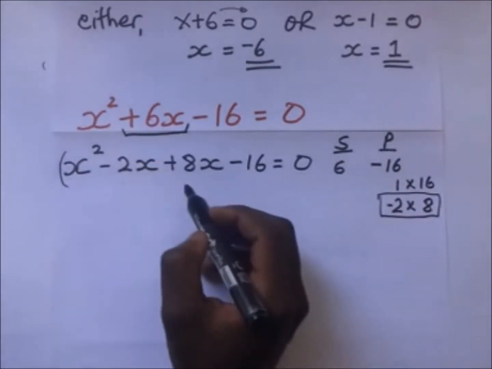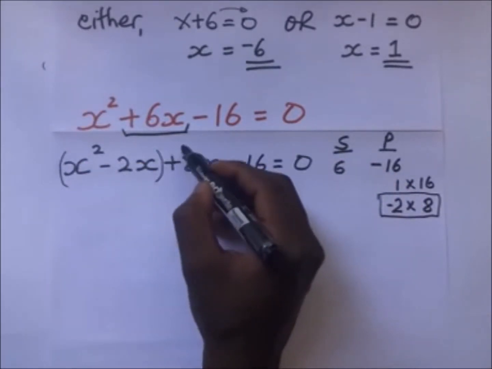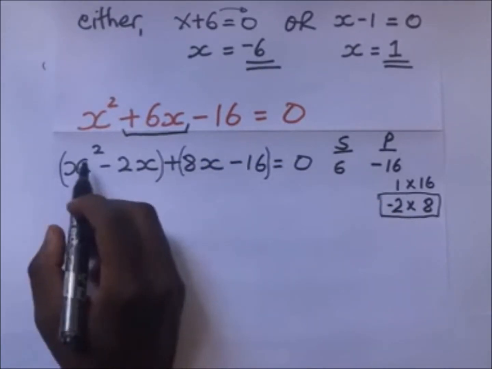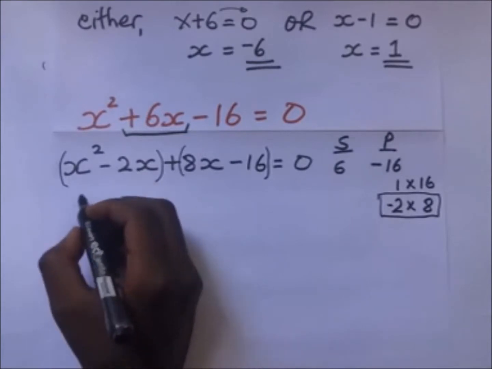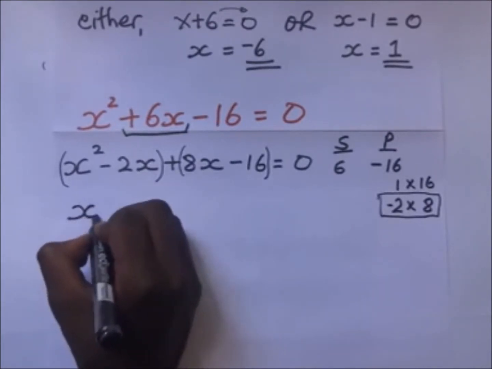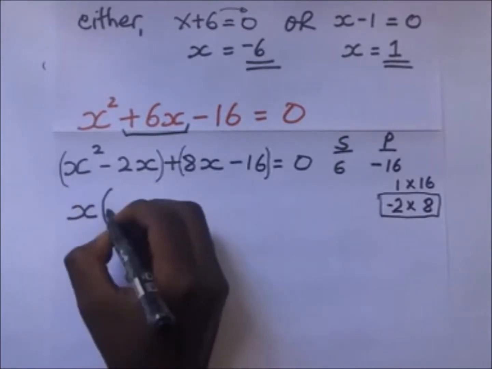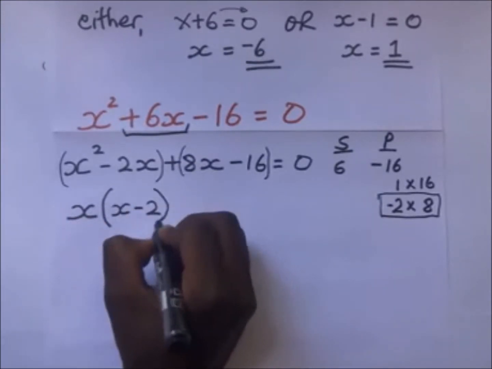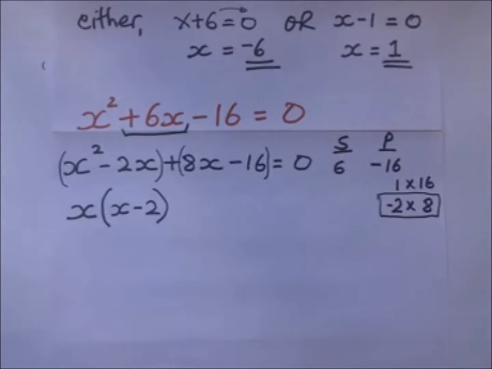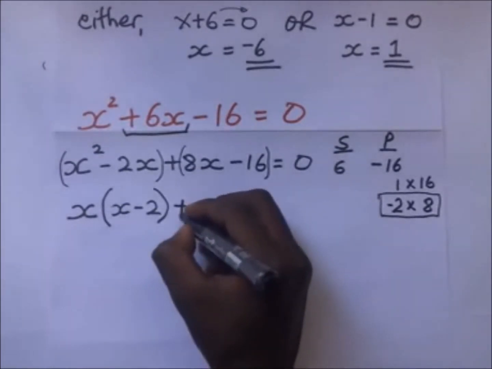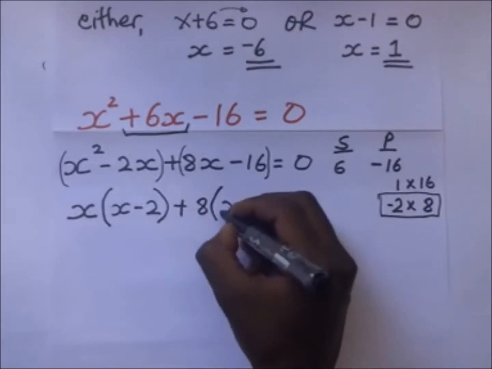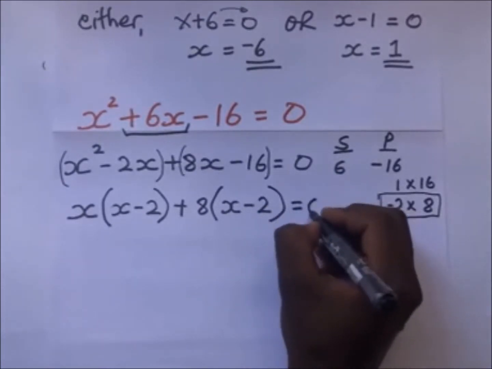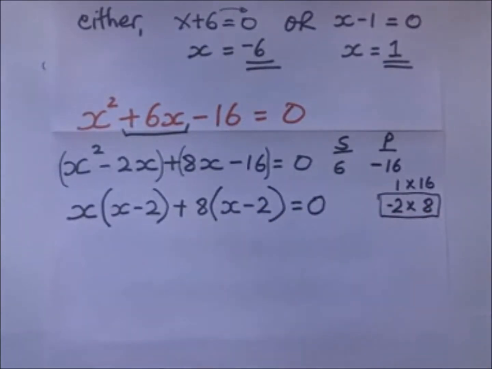Again, we shall introduce the brackets, and when we introduce the brackets, the common factor here is going to be x outside the brackets into x minus 2, then it's going to be plus 8 into x minus 2 still is being equal to 0.